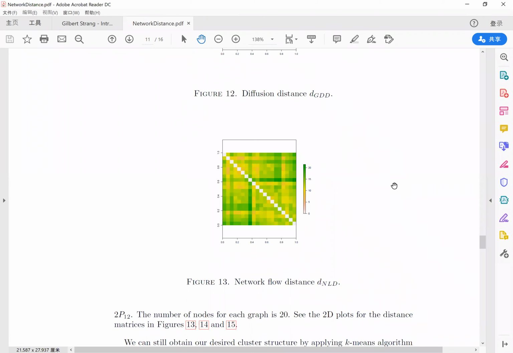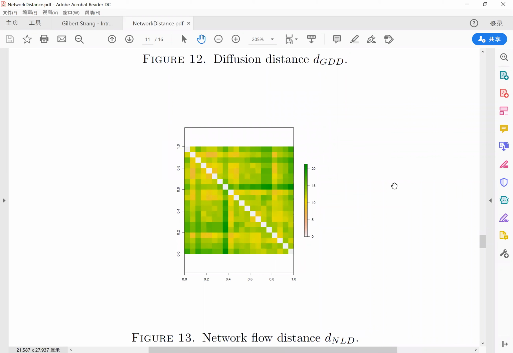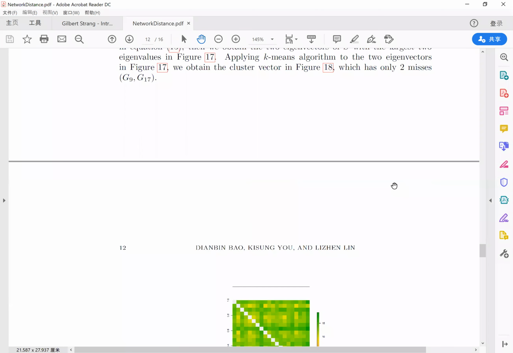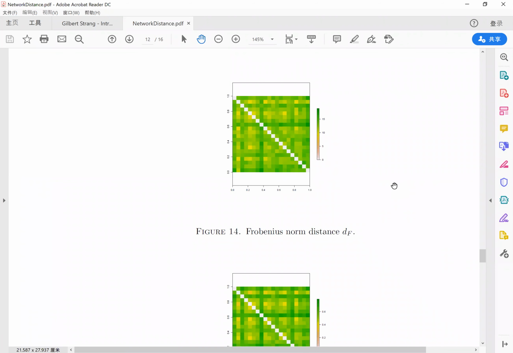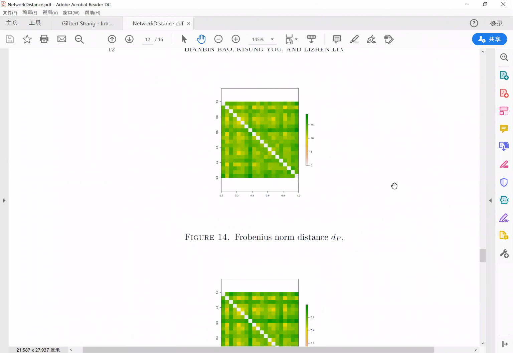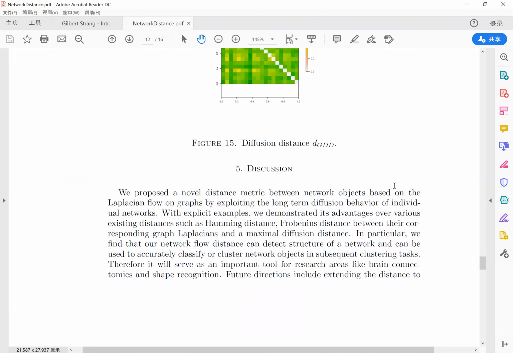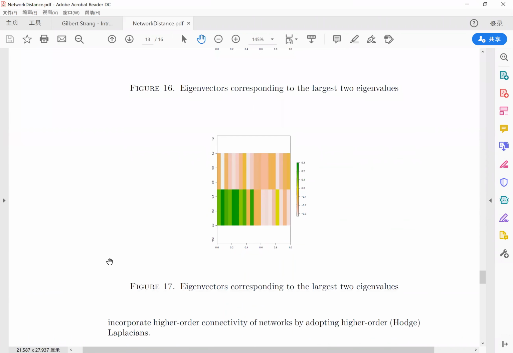The cluster structure is weaker because the data is worse, but somehow our algorithm still tells us a certain cluster structure. We apply other algorithms, 14 and 15, which are currently widely used by many researchers. In this situation they behave really badly compared with our results.